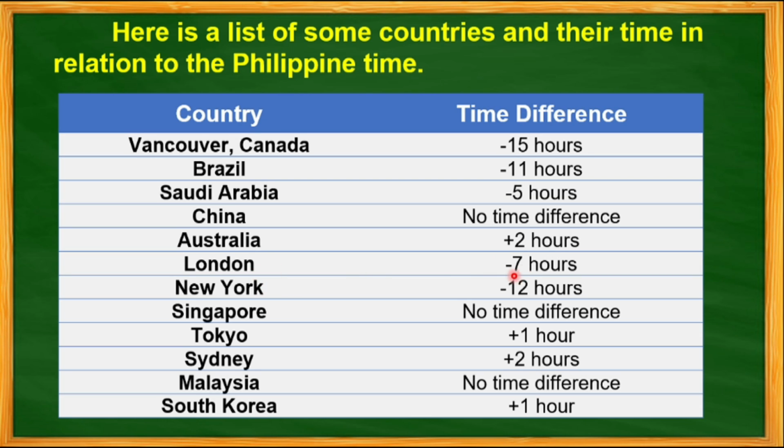For London, we have negative 7 hours. For New York, we have negative 12 hours. For Singapore, no time difference. Tokyo plus 1 hour. Sydney plus 2 hours. Malaysia, no time difference. And South Korea is plus 1 hour. So that would be the time difference for different countries.